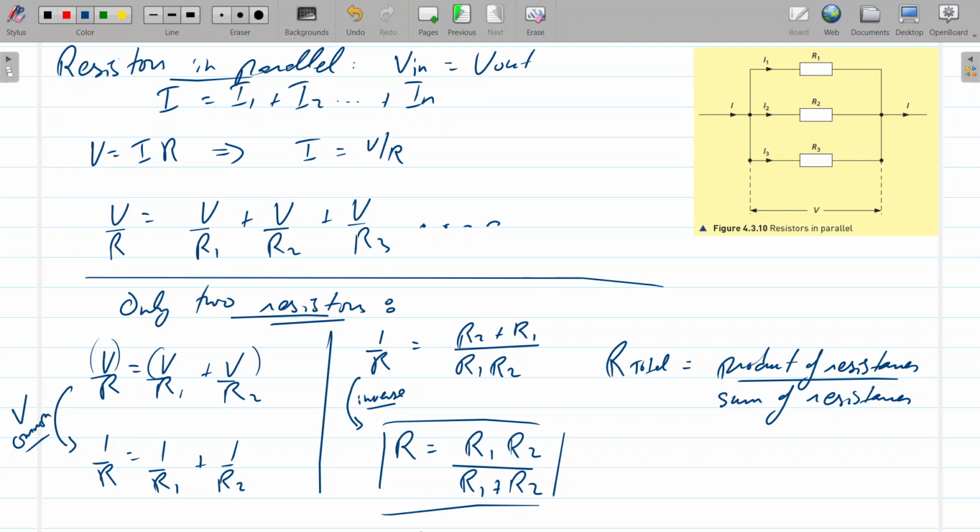Yes. Right? And so what that tells us is something we need to remember.